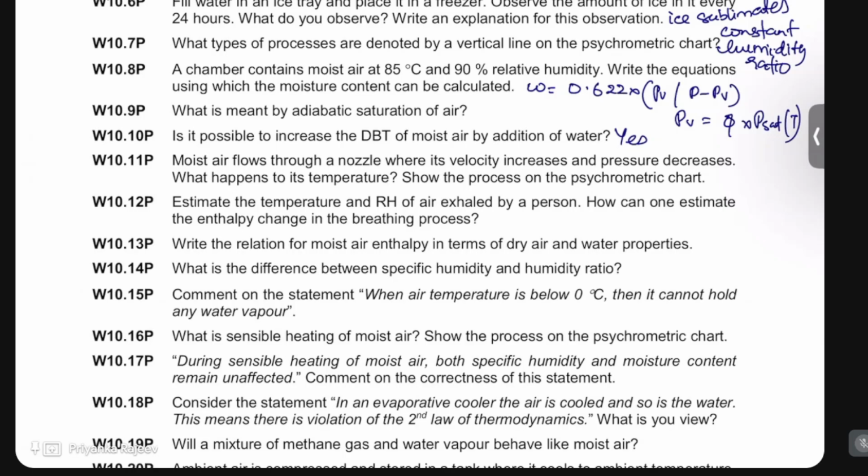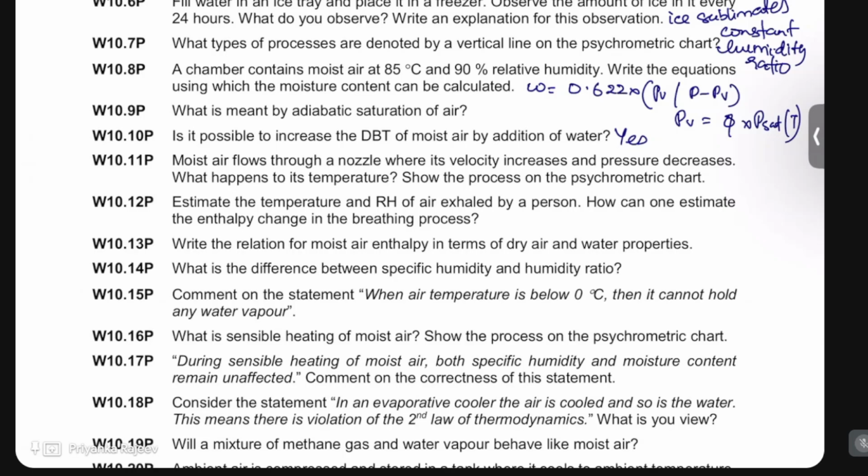So for moist air, if temperature is also dropping, then on the psychrometric chart it can be a constant WBT process. So it will be like a horizontal line from right to left. Cooling and constant humidity ratio, that is going to be there.